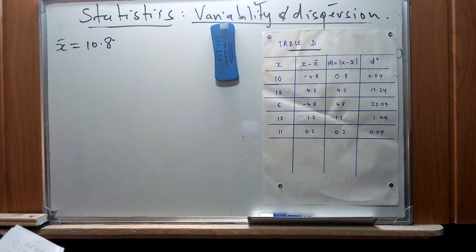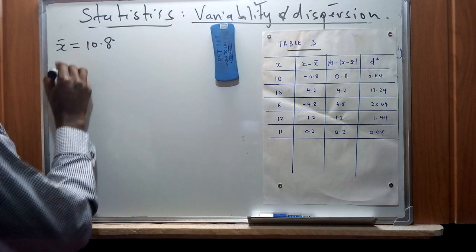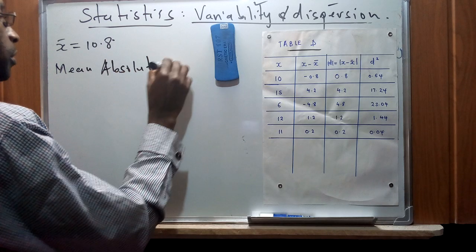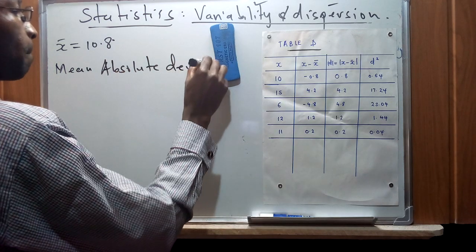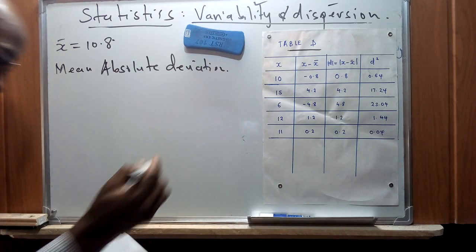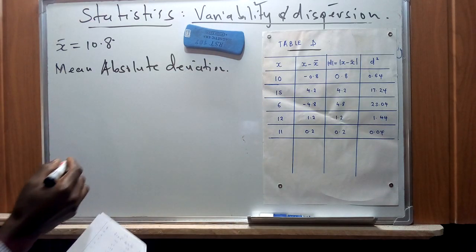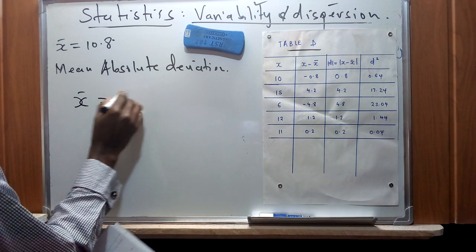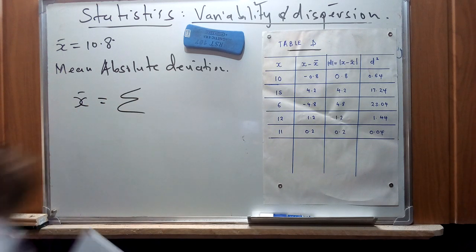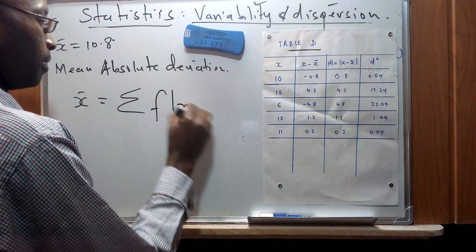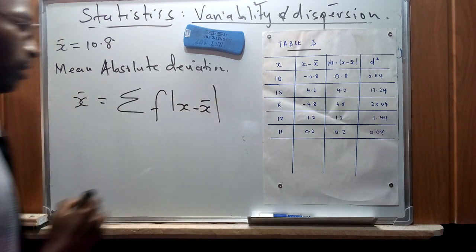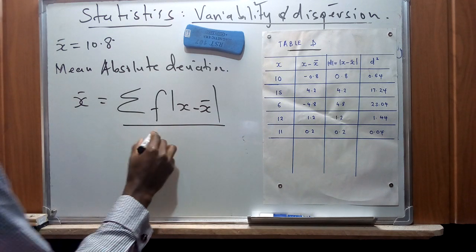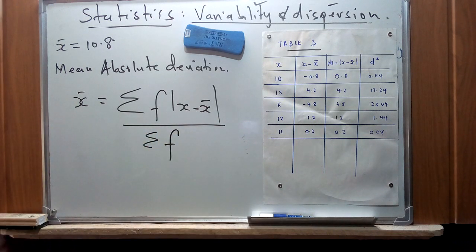We can find the mean absolute deviation using this formula. So the mean absolute deviation will be given as the summation of f using these absolute values divided by the summation of f.